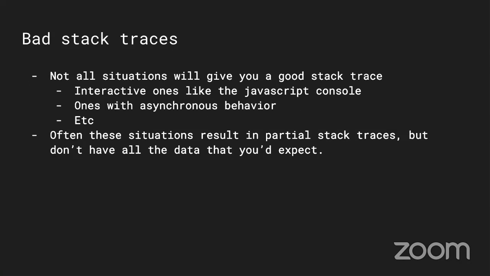In any case, the JavaScript console will often give you bad stack traces for not incredibly simple things. The other one, which is a little bit more concrete, is functions or processes with asynchronous behavior.